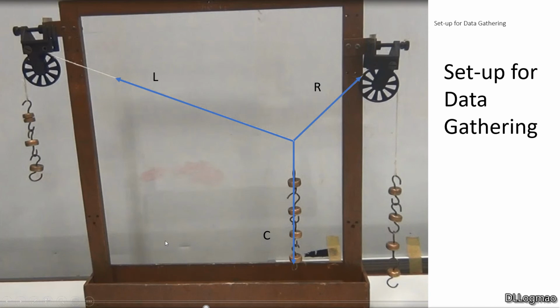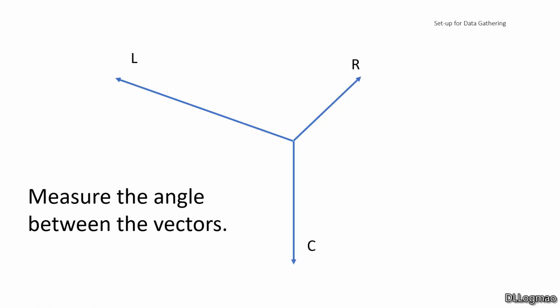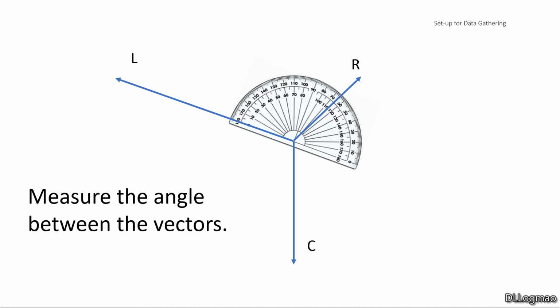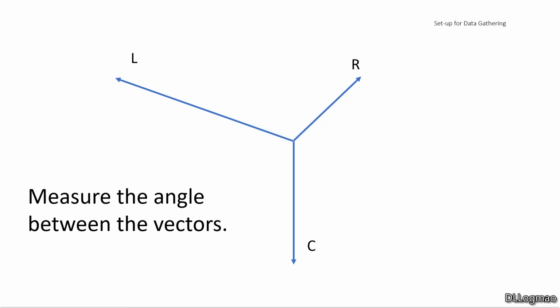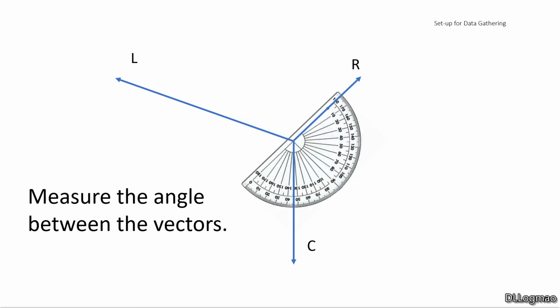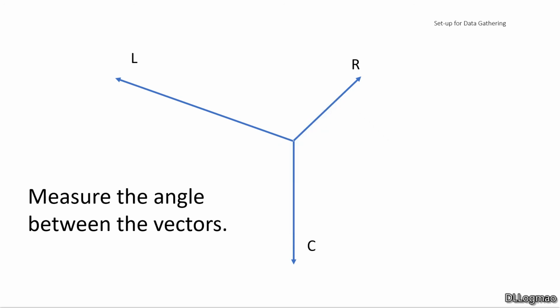In these traced chords, measure the angle between the vectors. The angle between left and right chords, the right and center chords, and the center and left chords.